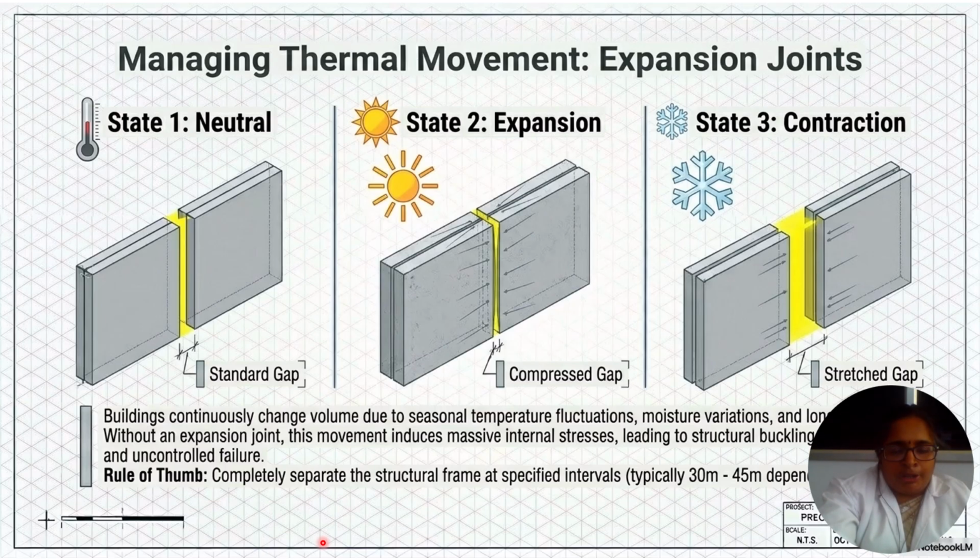The expansion joint is taken as a compressed gap in summer, the contraction joint is provided in the form of a stretched gap during winter, and a neutral or standard gap is provided. Such joints are provided to avoid structural deviations due to seasonal variations.